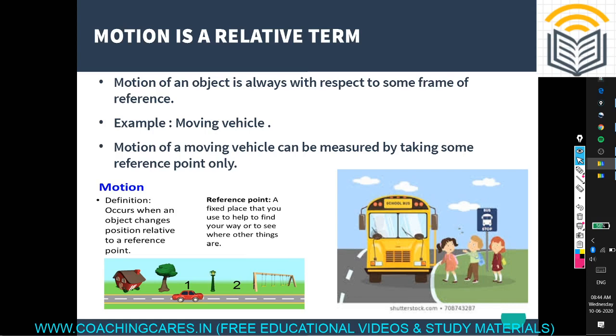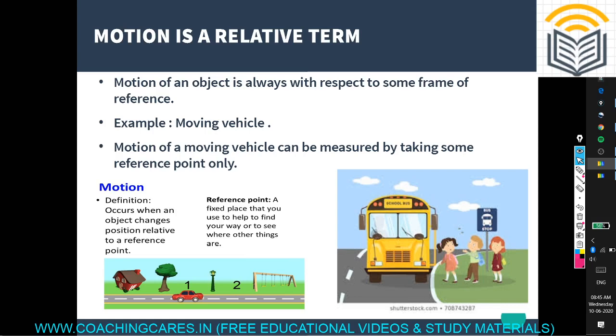So there is no movement, there is no position change of any one of them. I mean, they're standing, they are not moving, they are not changing the position with respect to the time. So we can say those people are at rest and there is no motion in that.